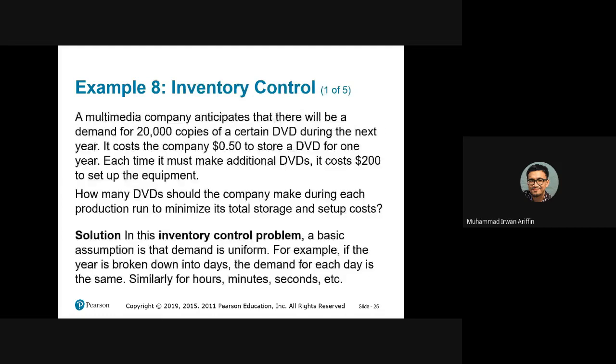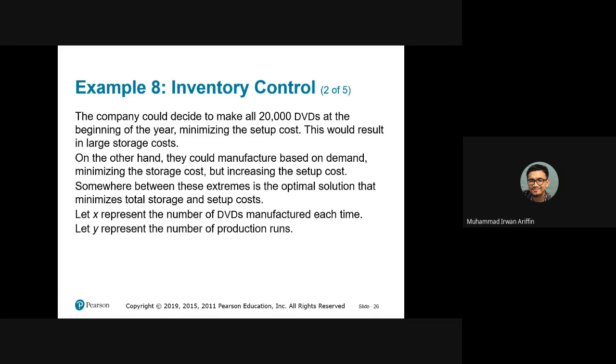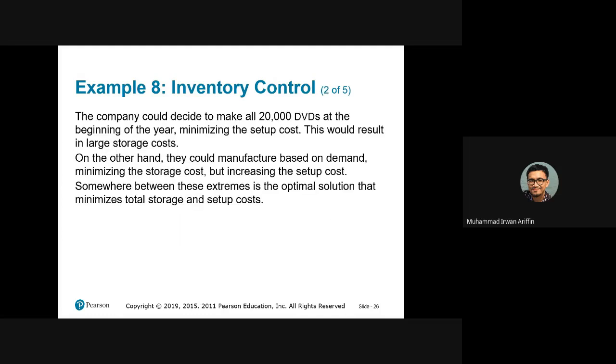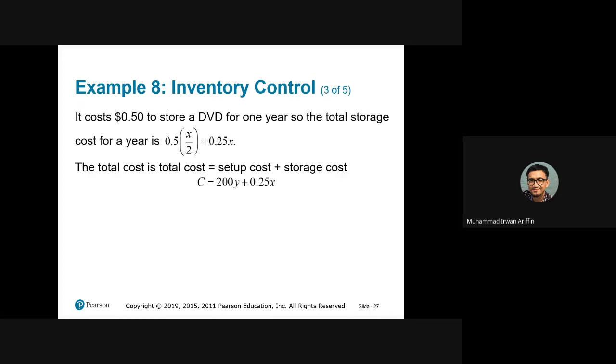It's just that for example 8, it is an inventory control. So instead of looking at the revenue, cost, and profit functions, you need to come up with a different objective function.